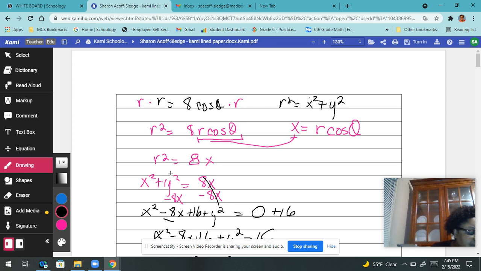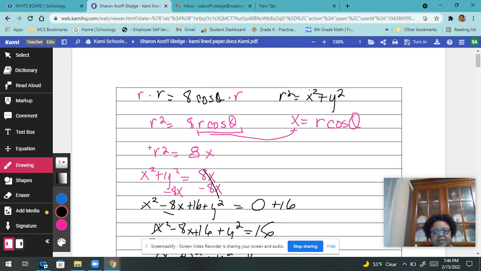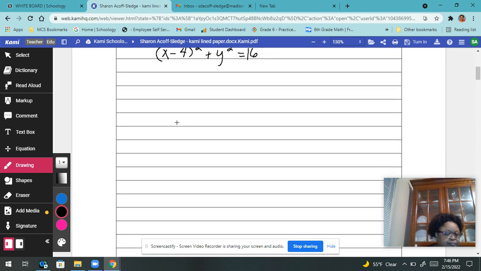Okay, let's look at this one, number 16. r equals 4 cosine theta plus 4 sine theta. Now I'm going to change colors and put the things we're going to be using.